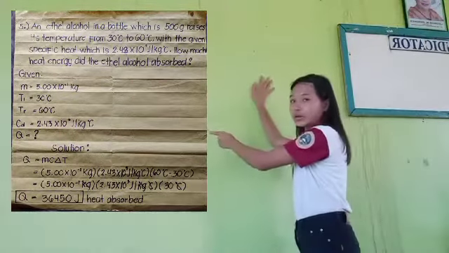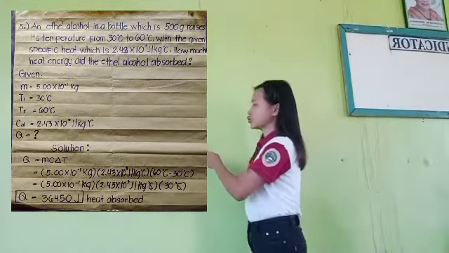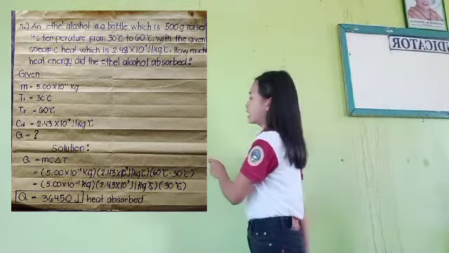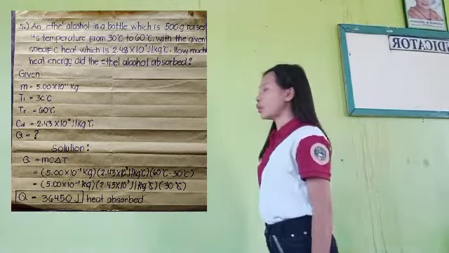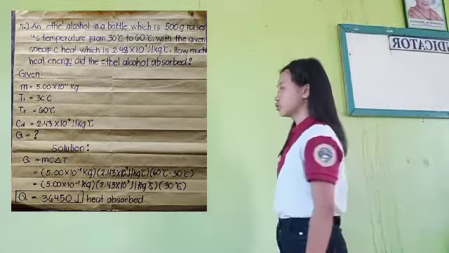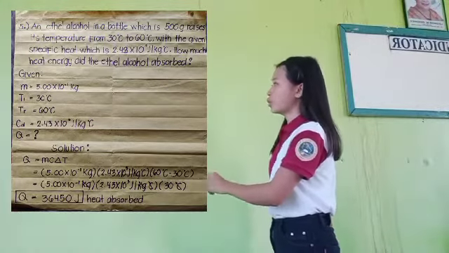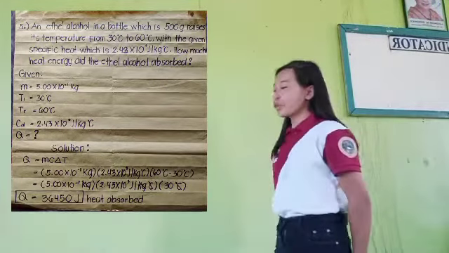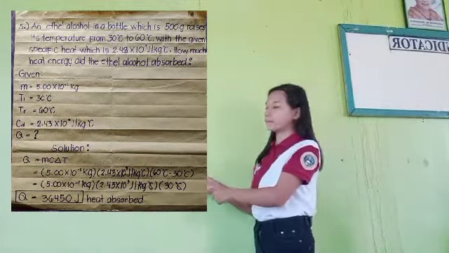Its initial temperature 30 degrees Celsius, the final temperature 60 degrees Celsius, and its specific heat 2.43 times 10 to the power of 3 joules per kilogram degree Celsius. And the missing one is the heat absorbed by the ethyl alcohol. So to find that, let us have the solution here.